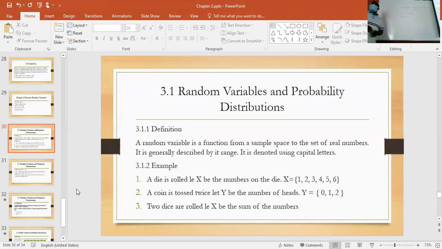It consists of associating to an outcome of a sample space a real number. It is generally denoted by a capital letter and defined by its range.